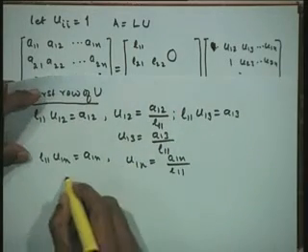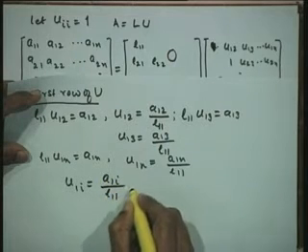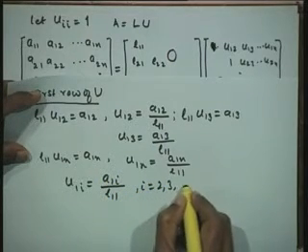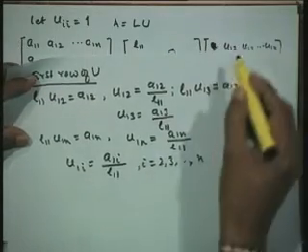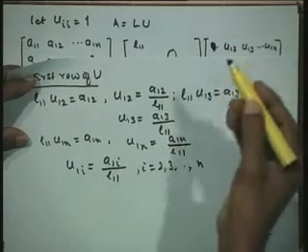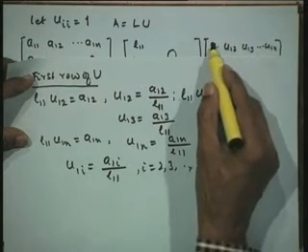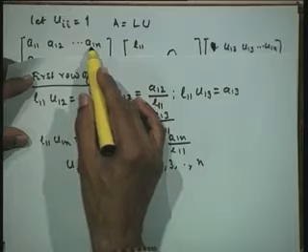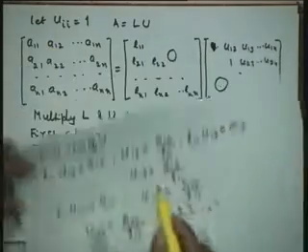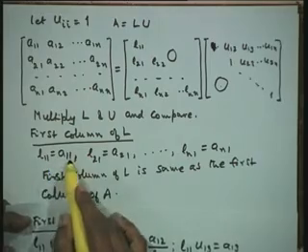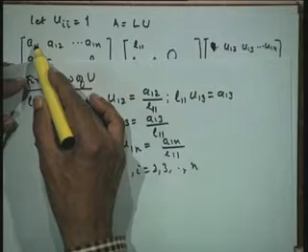So what we have here is U1i is A1i by L11, i = 2, 3, and so on. In other words, the first row can be immediately determined, because the first row of U, leaving the first pivot, is nothing but the elements of A divided by the leading element of A, because L11 is A11. Therefore, it is simply division of the elements by the leading element A11.